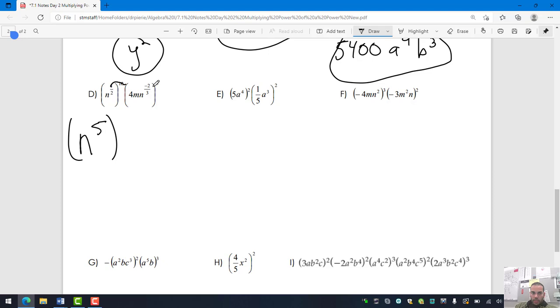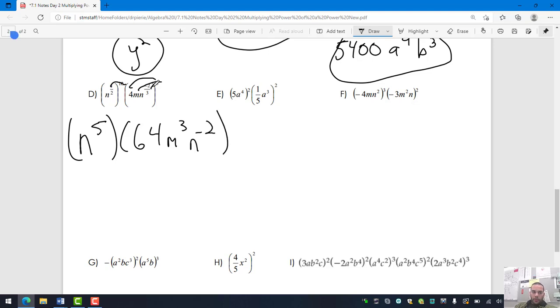And then this 3 has to distribute to the 4, to the m, don't forget about the m, and also to the n to the -2/3. So I'll have 4 to the 3rd, which is the same thing as 64, m to the 3rd, and then n to the -2/3 times 3. Basically the 3's are going to cancel, it should be n to the -2nd.